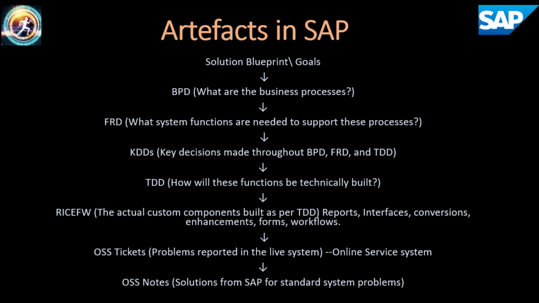Then we have the OSS note. Some of the issues that you are facing would have already been addressed for a different client. The other client would have raised an OSS ticket, and SAP would have given them the solution for that. All those past solutions which SAP has given to other clients are documented under the OSS note.